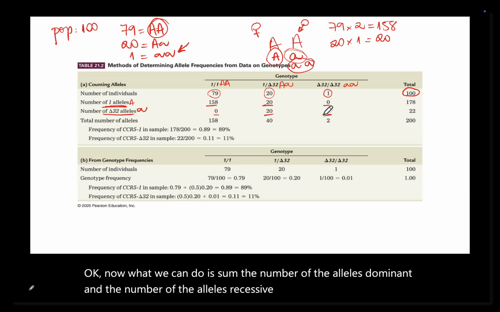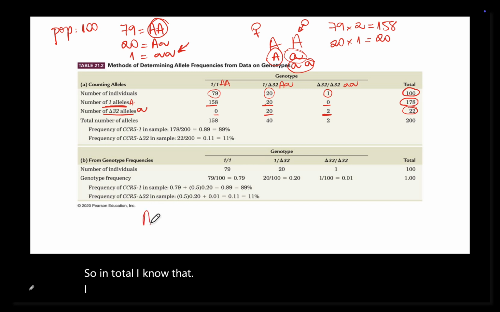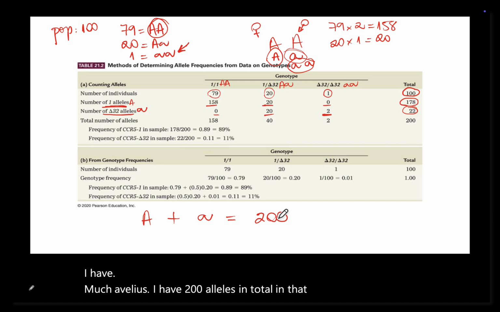Here, for the dominant allele, we have 178 alleles, and for the recessive allele, we have 22. So in total, I have 200 alleles in that population, which makes sense, right?